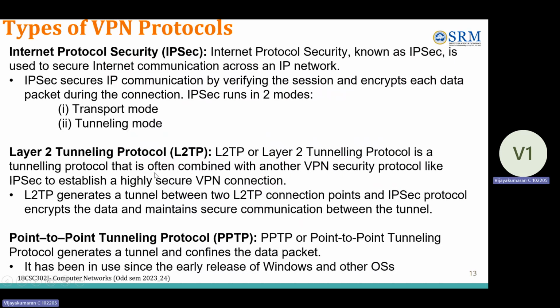The IPsec ensures the security as well as the encryption of the data between these two tunnel endpoints. Then point-to-point tunneling protocol generates the tunnel and confines the data packet by using this protocol called point-to-point tunneling.